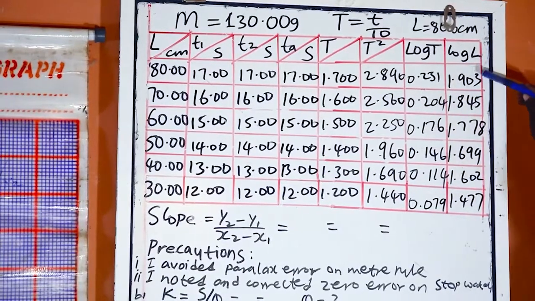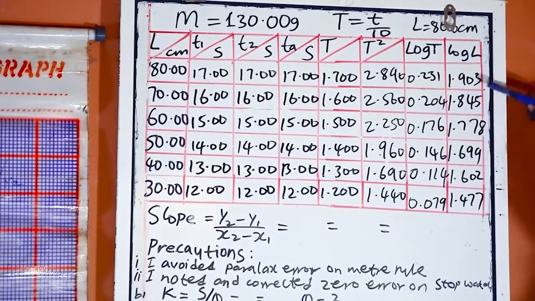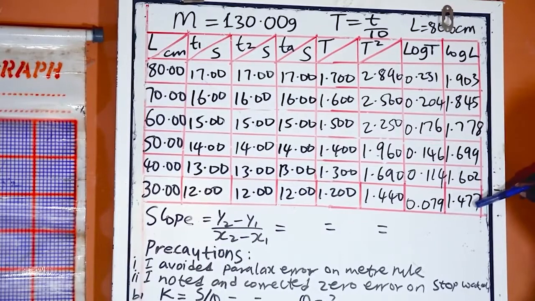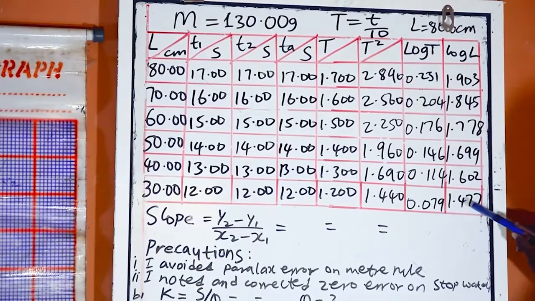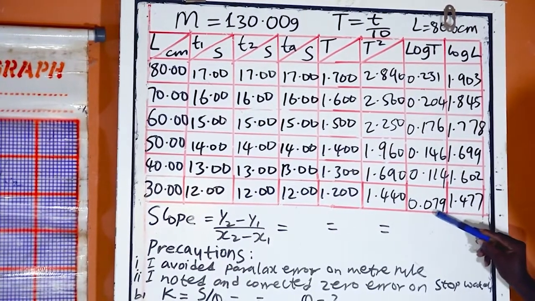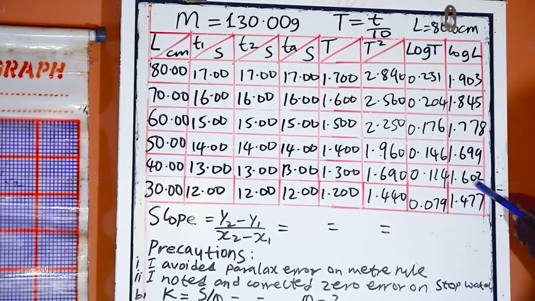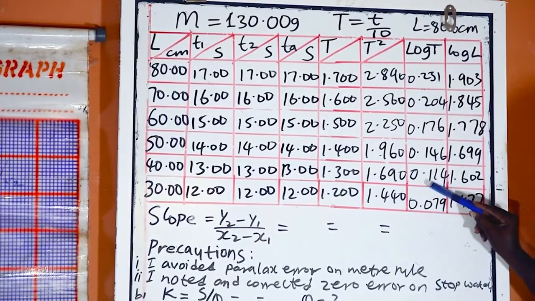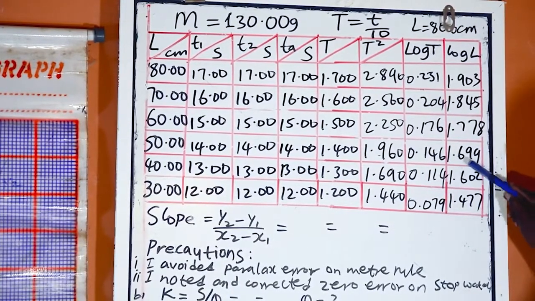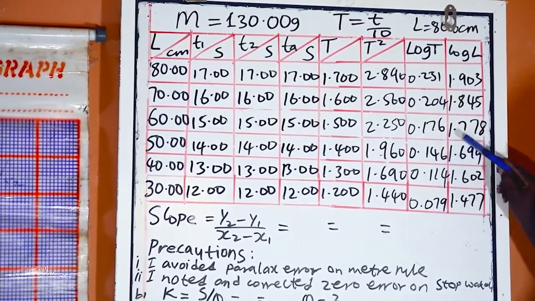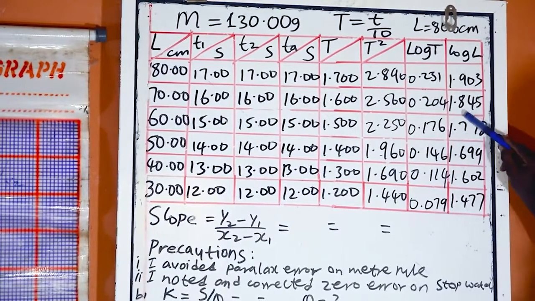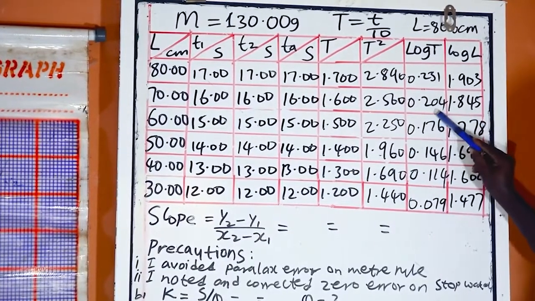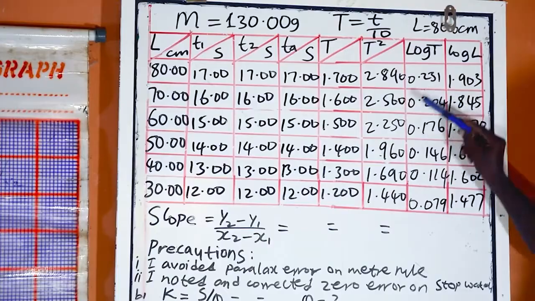Against log L, the minimum value is 1.448, and the maximum value is 1.9. So 1.48 against 0.08, 1.60 against 0.11, 1.70 against 0.15, 1.78 against 0.18, 1.85 against 0.20, 1.90 against 0.23.